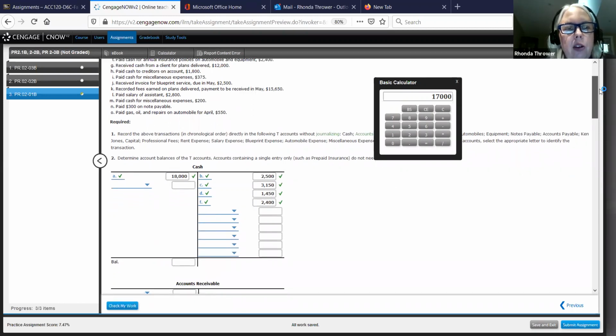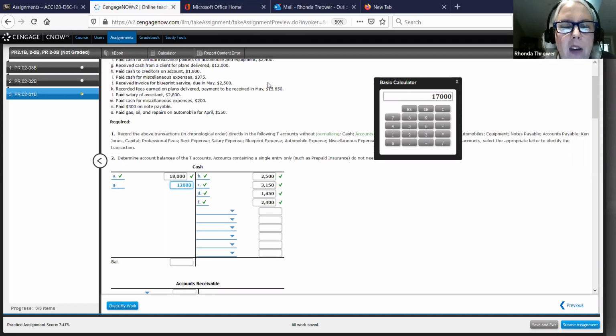In transaction G, it says we have received cash. Well, I know that cash is my account that's going to be affected here, and cash, since I'm receiving it, will be increasing. So I'm going to put my increase to my cash account on the left side, and the amount of that increase was $12,000.